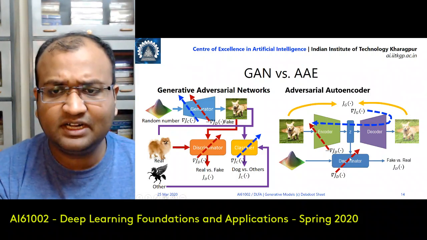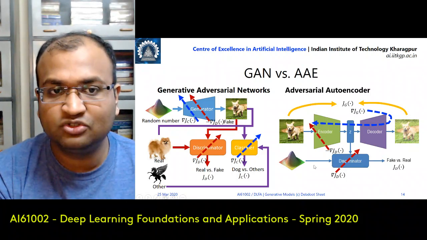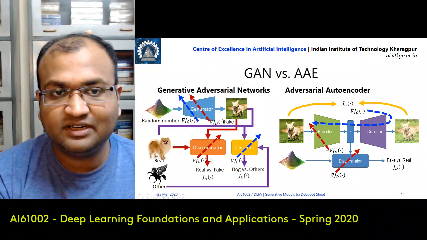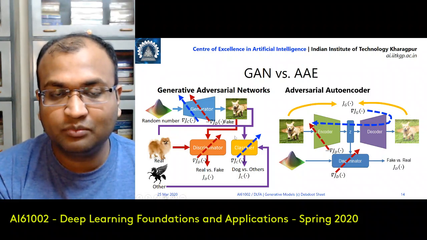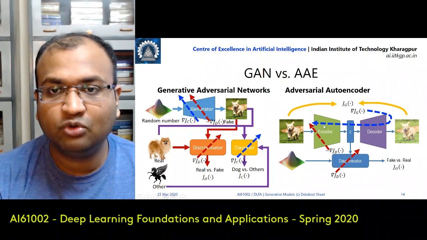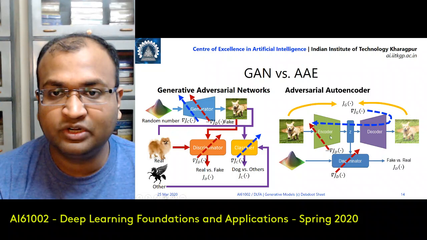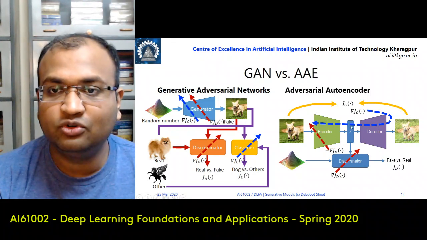The discriminator is what is different, because here the discriminator input is of much lower dimension, whereas there the discriminator input is also of a higher dimension. However, the classifier component, the number of neurons and so on, is typically of the same order as the model complexity of the encoder, because it is going to take in a whole image. The classifier takes a whole image and brings it down to a low dimensional space. Here it's a classification space, but here it's going to be an encoder space.